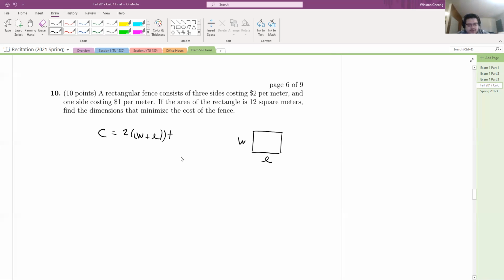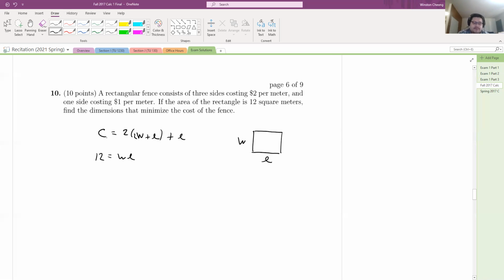And then one of them is just going to cost 1 per meter, so we'll just have the other length, let's say. And the area has to be 12 square meters. And we want to find the dimensions that will minimize the cost, right?